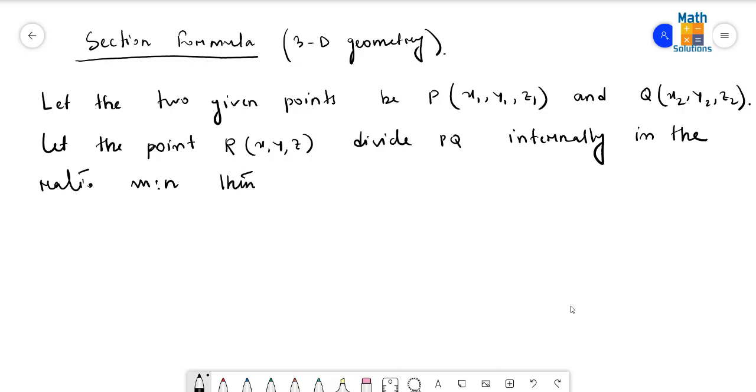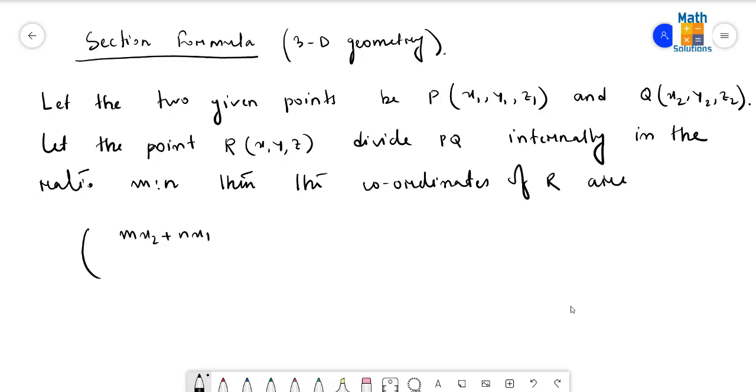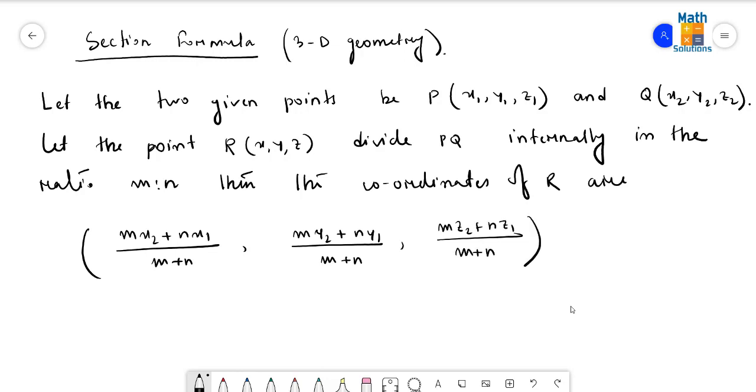Then the coordinates of capital R are: (mx2 + nx1) divided by (m + n), then (my2 + ny1) divided by (m + n), then (mz2 + nz1) divided by (m + n).